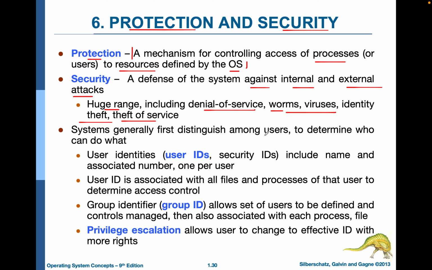So you can see among users, first is user identities, which is the user ID, related to your username and your password. We can call it also authentication, including name and an associated number.